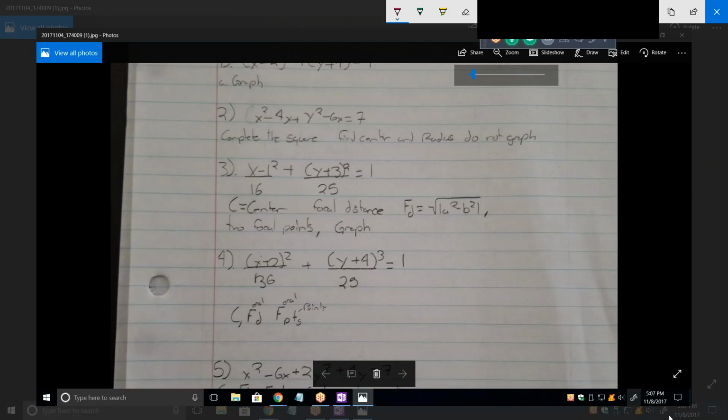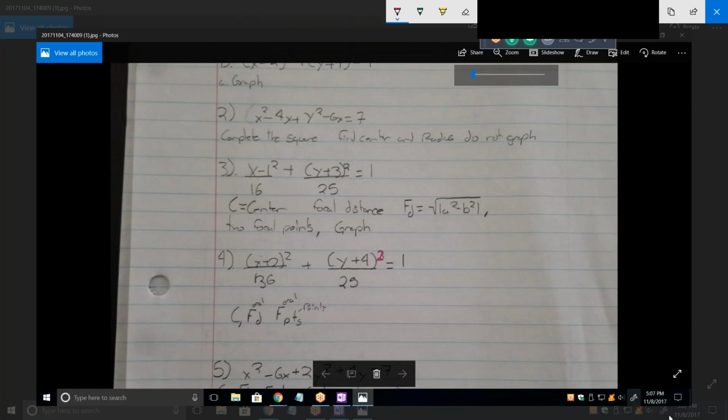Yeah, I believe so. I wouldn't know what it was if it was cubed. Certainly nothing we would be studying. So the way you determine whether it's horizontal or vertical is by which variable the largest denominator is under.